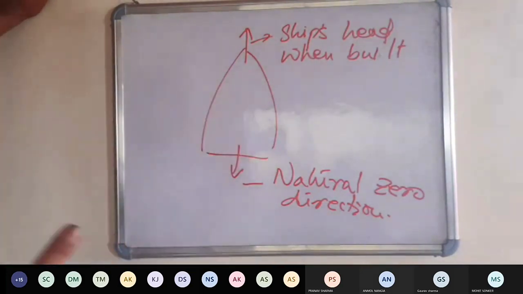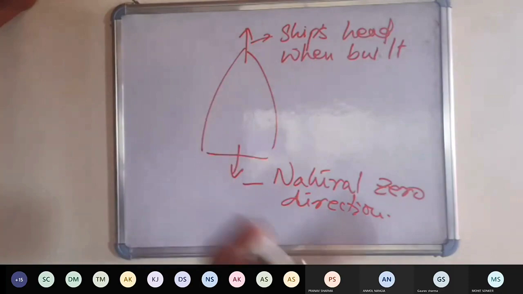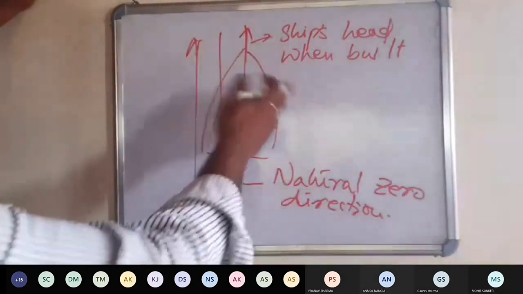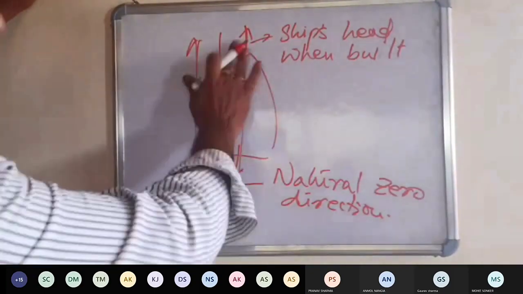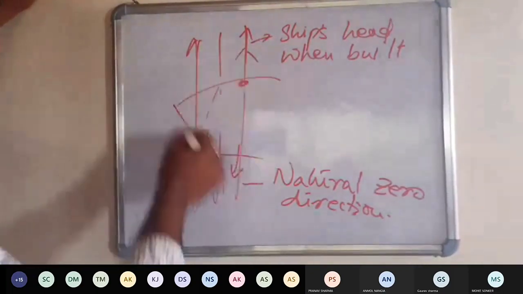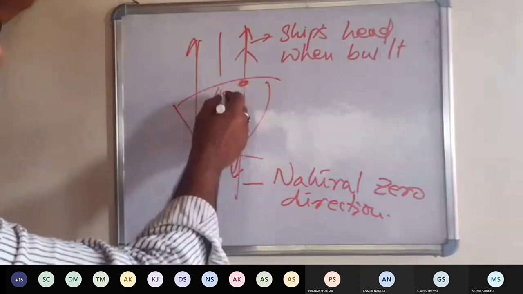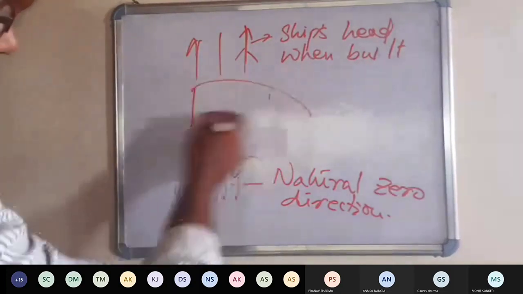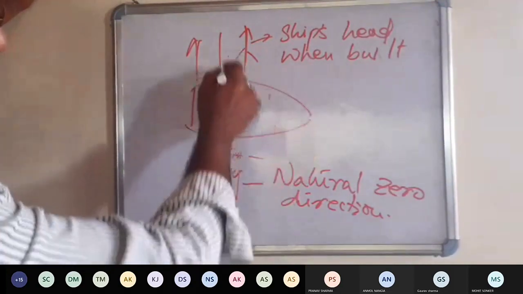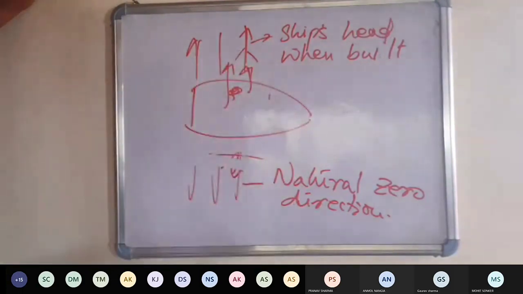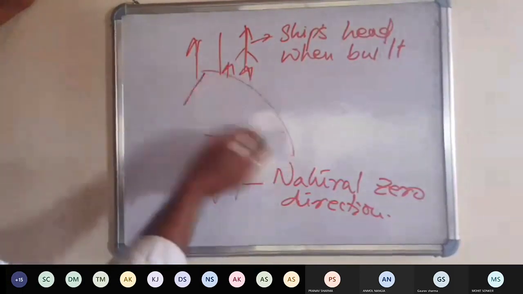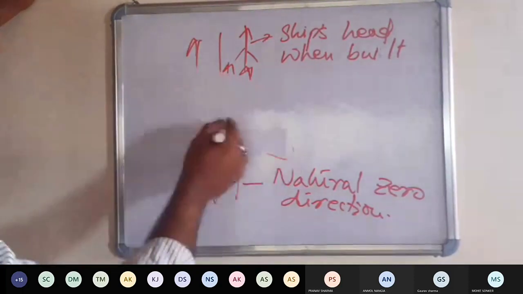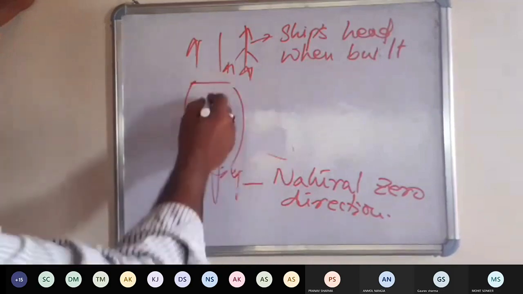On whatever heading she is being built, the magnetism will develop in line with the Earth's magnetic field. If the ship is built like this, red will form here. If the ship is being built on this heading, red will form here, blue here. If the ship is being built at 90 degrees, red will be here, again in line with this. When the ship is getting built like this, red will form here, blue here.